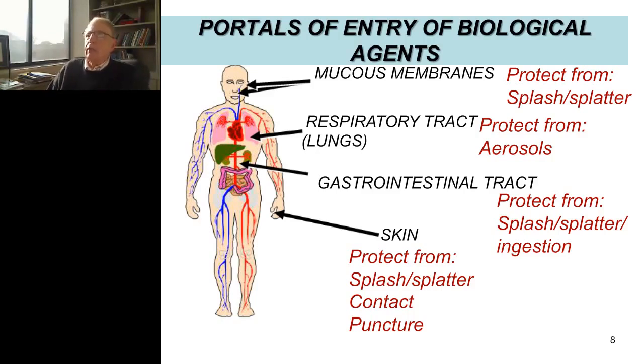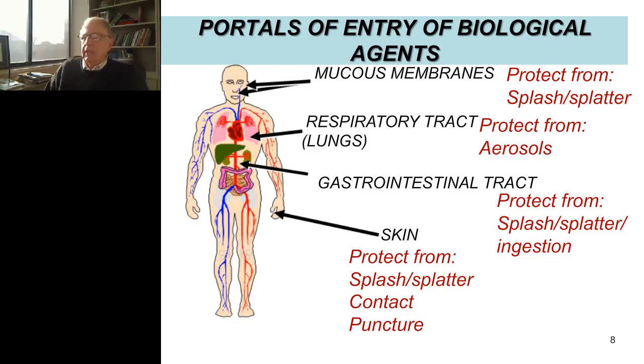In the laboratory, we want to protect against splash, splatter, and ingestion. Typically in the lab, you don't touch something and then put your hands on your mouth so that you might ingest what got on your hands. You're wearing gloves, for example, so you make sure you don't touch your mouth with your gloves.